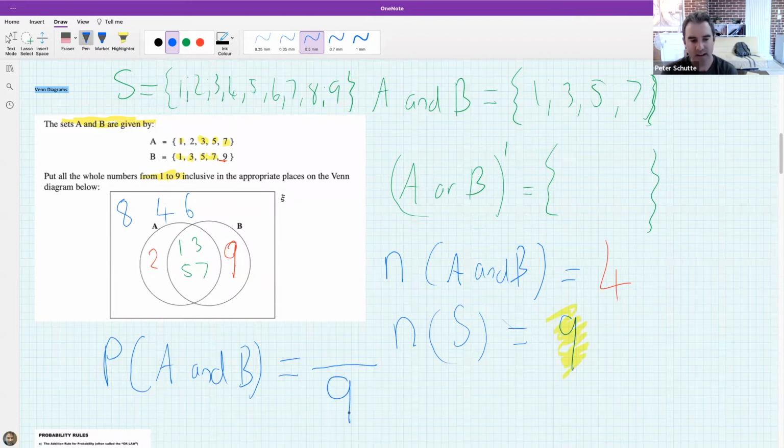There's 9. How many are there that are in A and B? Yeah, so there are 4. So the probability of being in A and B is 4 over 9. Okay, which if you put it into your calculator is going to be 0.4 recurring.